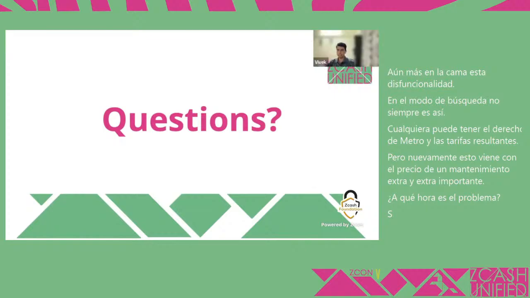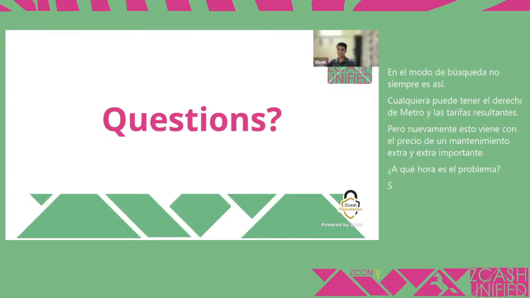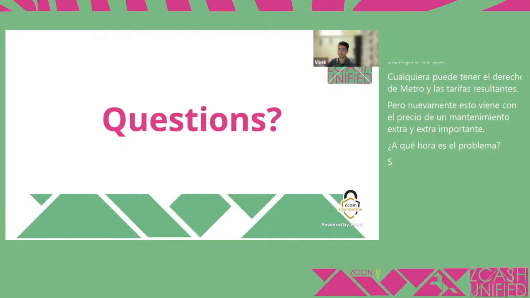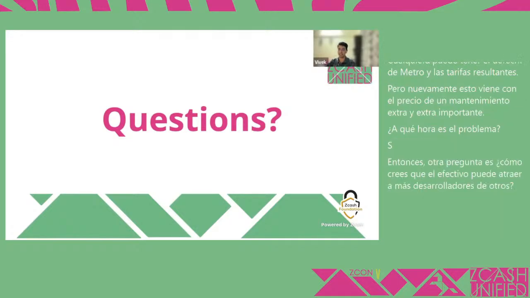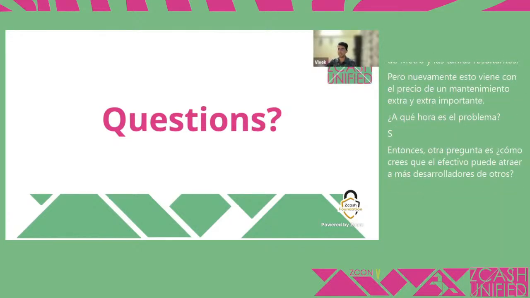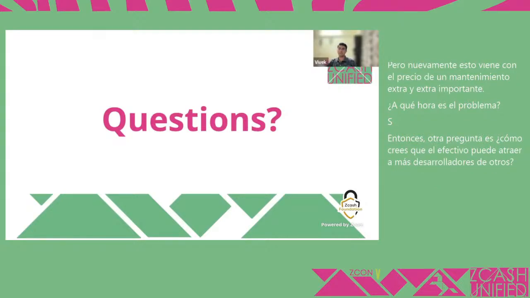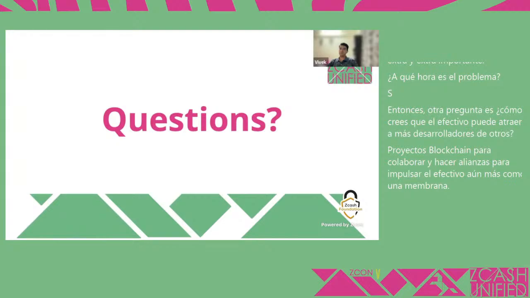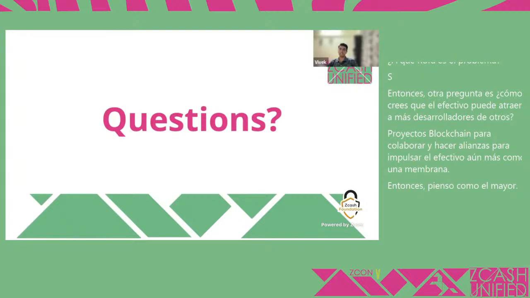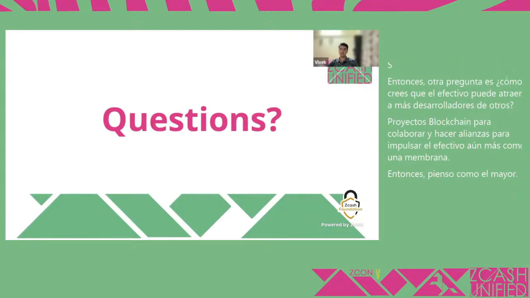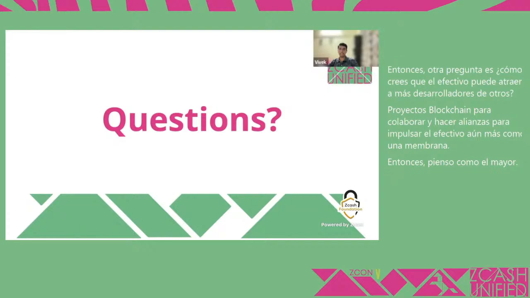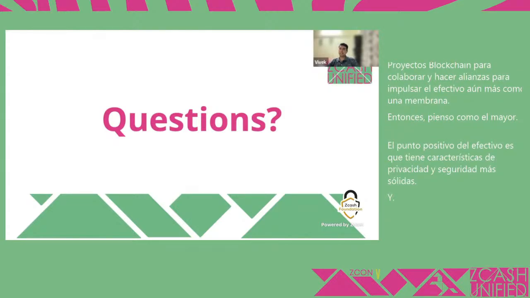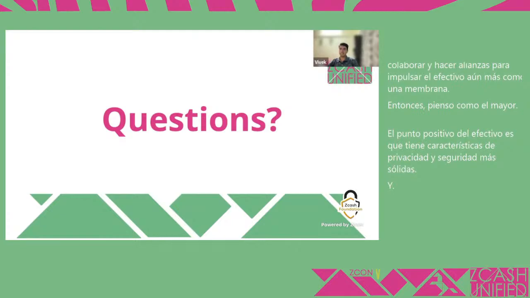Another question is, how do you think Zcash can attract more developers from other blockchain projects to collaborate and make alliances to push Zcash further, like NIM, Brave, etc.? So I think the major plus point of Zcash is that it has these strong privacy and security features. Since it has all these, it's like the original privacy coin in a sense.